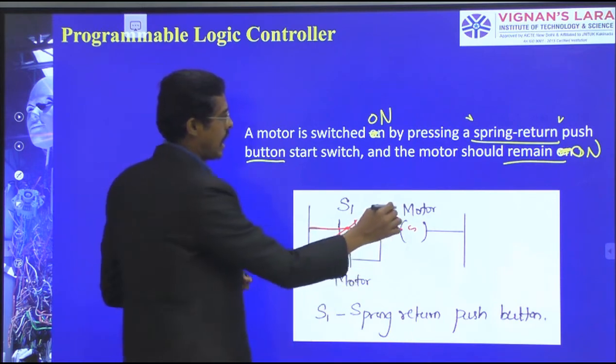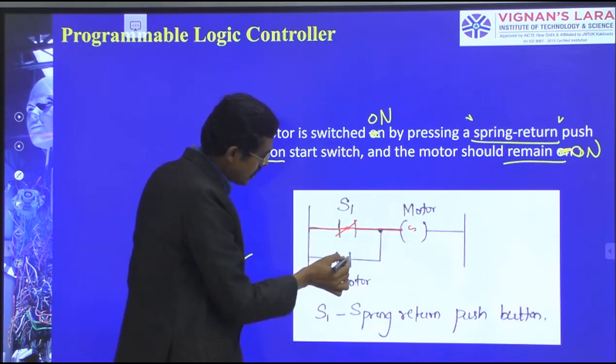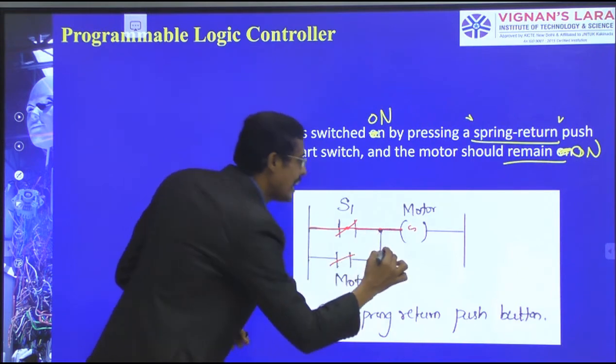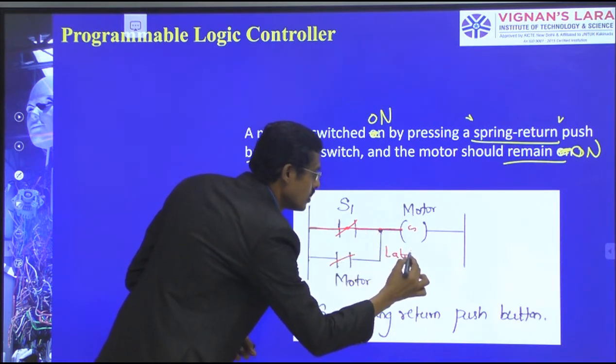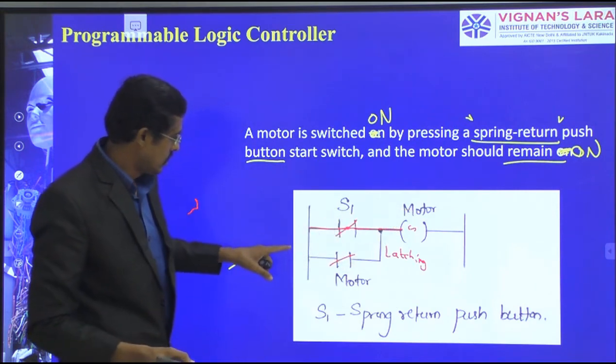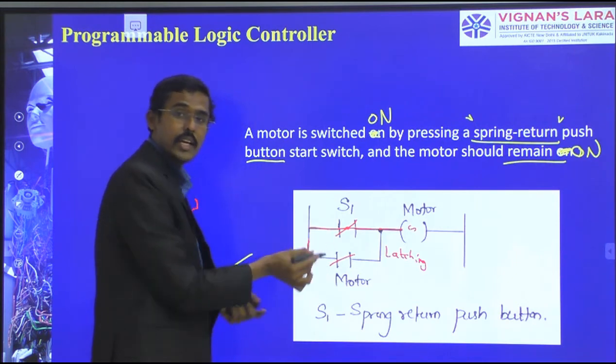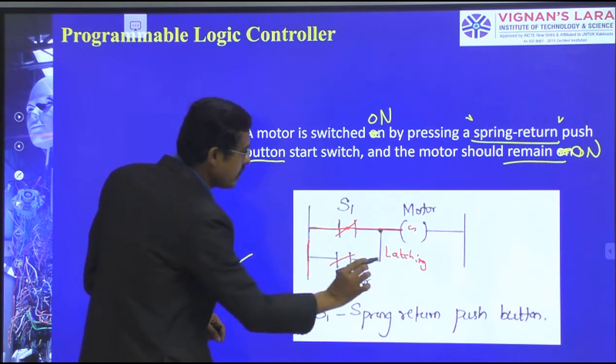Simultaneously, I am connecting this motor's output as an input here. I am doing the latching process. I take a separate secondary connection from the power rail and give it to the motor again.